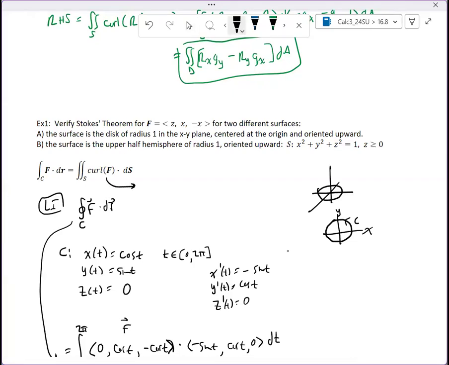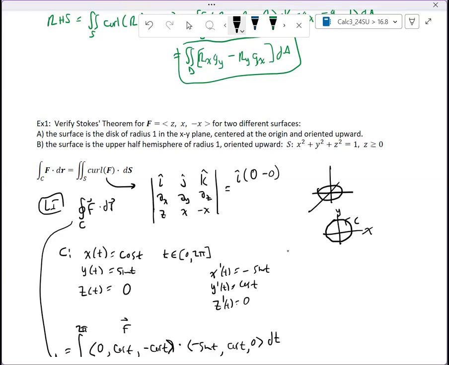Well, let's come up here and compute the curl of f. So what's the curl of f? That's the determinant of i, j, k, partial with respect to x, partial with respect to y, partial with respect to z, and f is z, comma x, comma minus x. So this is i times partial with respect to y of minus x is 0. And then i times partial with respect to z of x is 0.